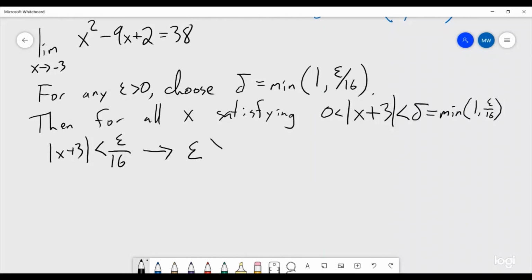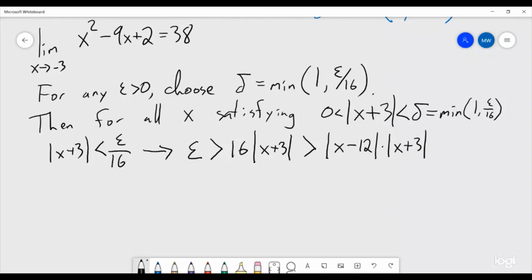So that's going to be epsilon is bigger than 16 times absolute value of x plus 3, which is bigger than the absolute value of x minus 12 times absolute value of x plus 3.